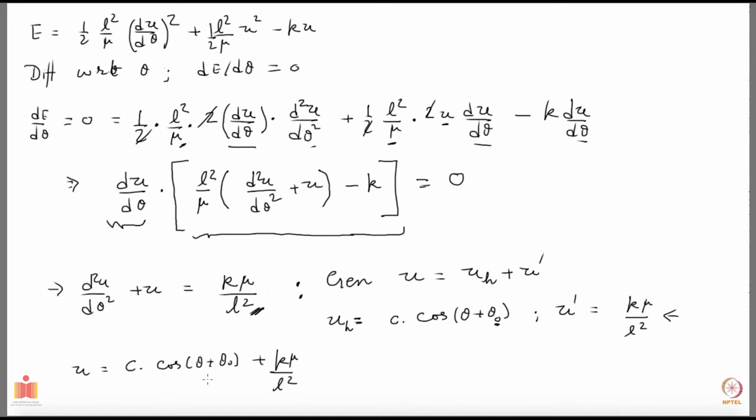And the second thing would be about the theta naught. I'll give an explanation of theta naught later, after we have found the trajectory, the orbit. Okay, we'll come back to that. So that's nice, which means let me just write down this expression in terms of r now, because that is what the real thing is.